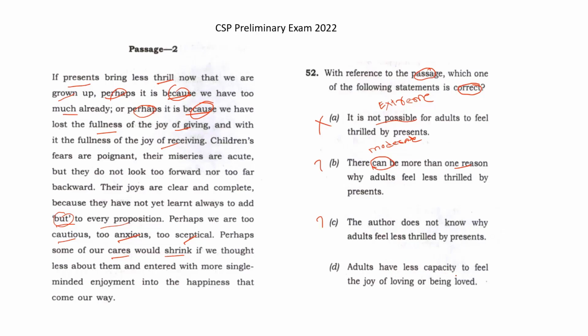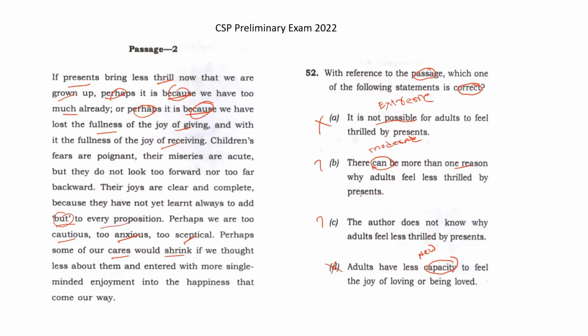Adults have less capacity to feel. Is there any reference to capacity to feel the joy of loving or being loved? This word capacity is a new fact. We have reasons. The reasons do not talk about capacity. So option D is gone. Now between B and C. Perhaps it is because of this, or perhaps it is because of that.